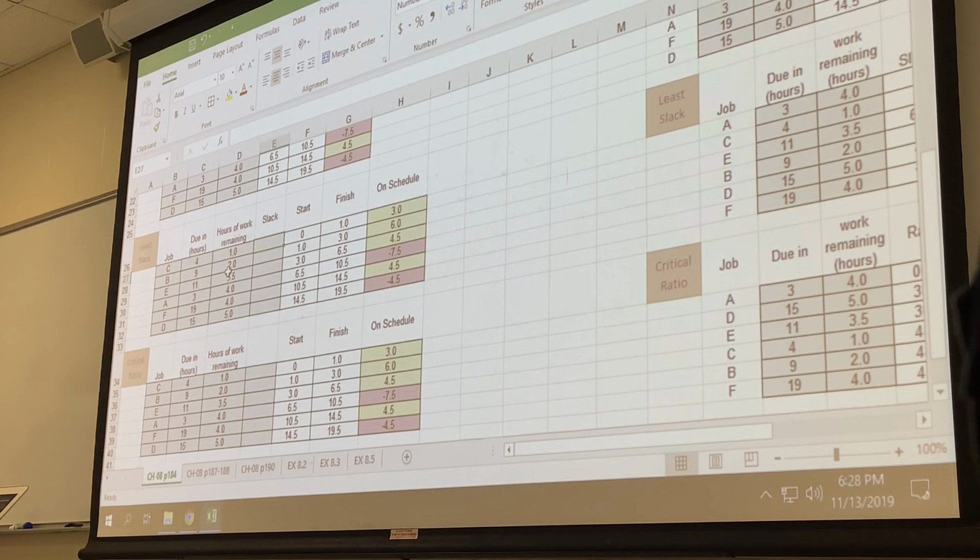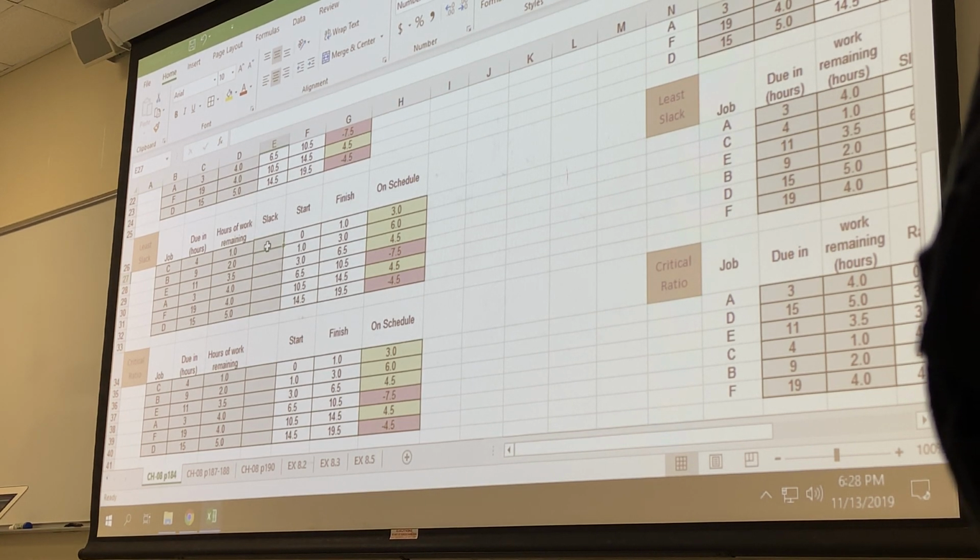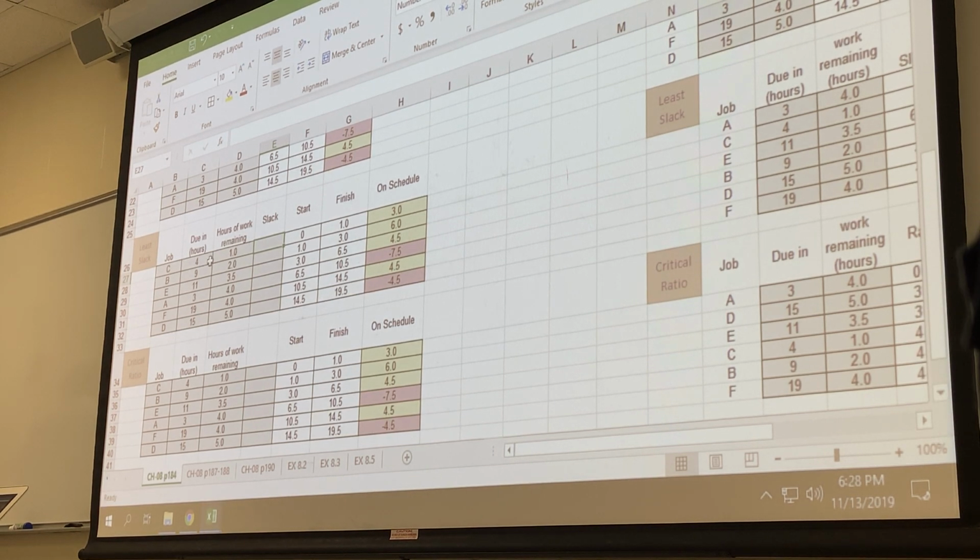So my slack is going to be how much time do I have between when it is due versus how much work it is. And I'm going to do it just from a theoretical point of view, because slack is not going to be when it actually starts, but when it was due, because it will have to work on when we actually finish it later.